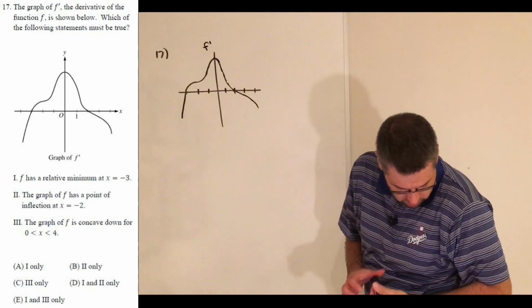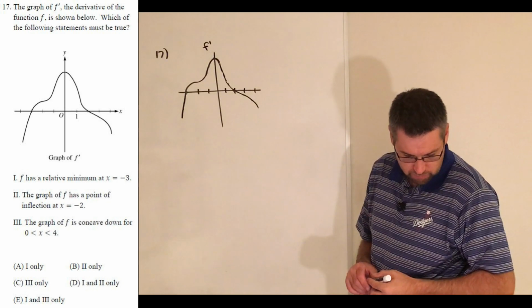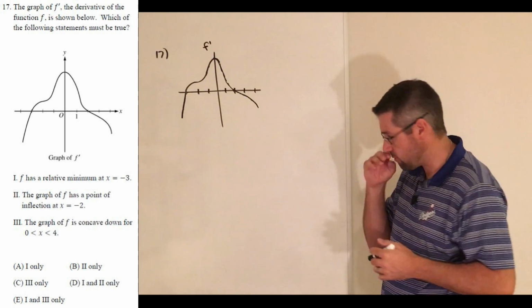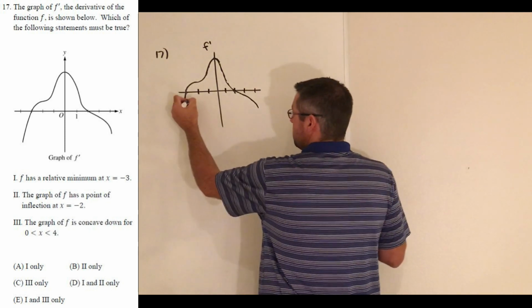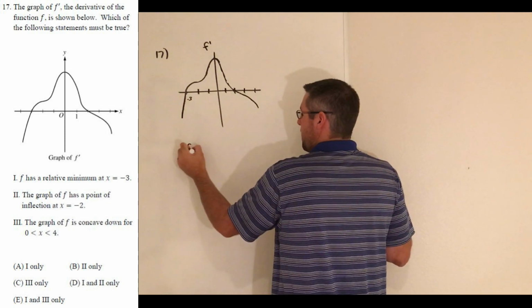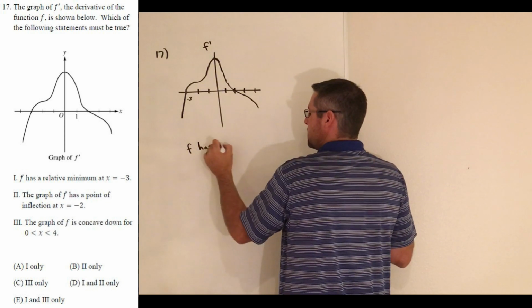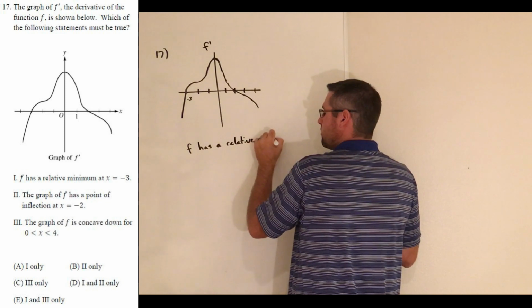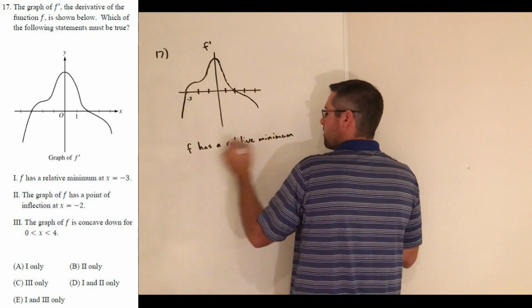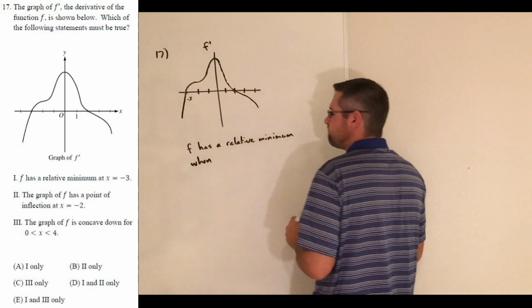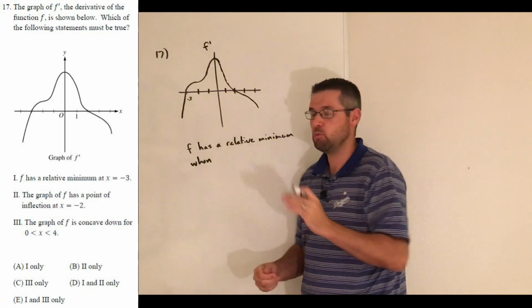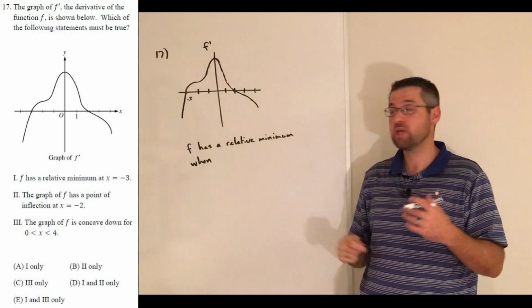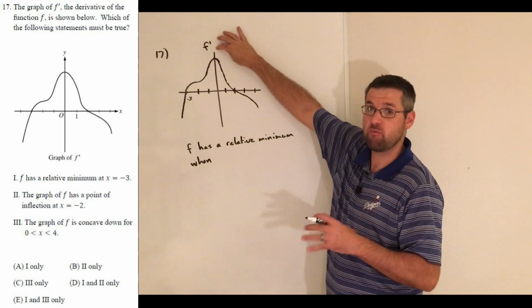And we are looking for which of the following statements is true. So option 1 says that f has a relative minimum at negative 3. Well, here's negative 3. Let me write down the justification: f has a relative minimum when f changes from decreasing to increasing, or we can interpret that in terms of f prime.